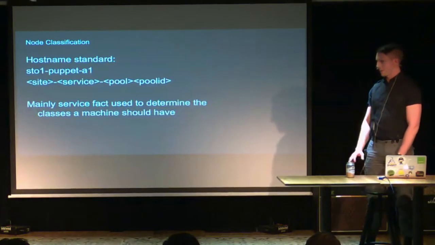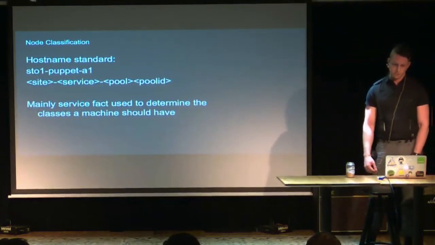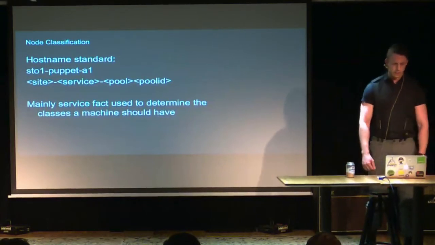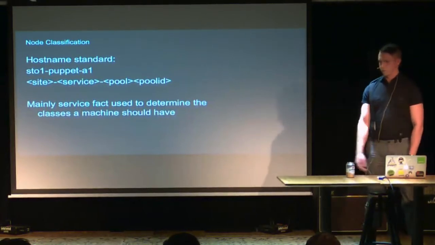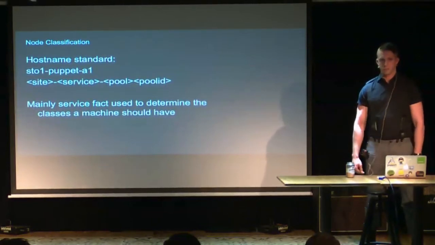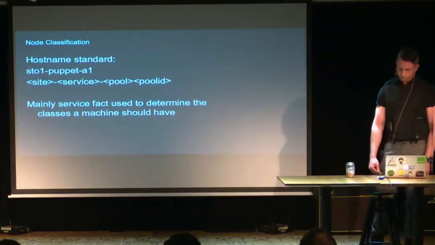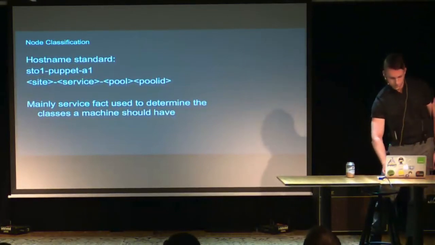In some special cases, you can have different pools of the same service. And it's mainly the service fact that we will be using to specify what Puppet classes should be on each machine. So we just use Hiera for that.